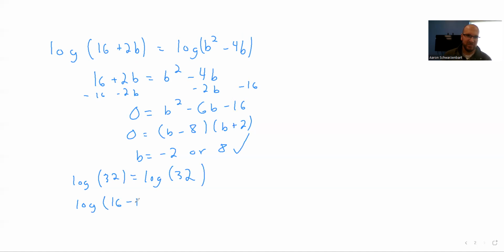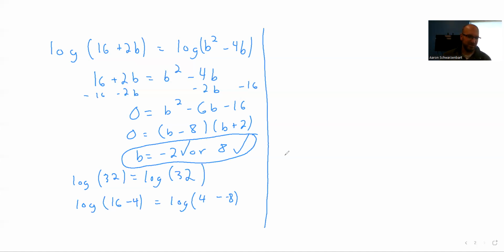For negative 2, 16 minus 4 is 12, that will work. Negative 2 squared is 4, minus 4 times negative 2, which is negative 8, that's also 12, a positive number, so negative 2 checks out as well. And both of these are my solutions. Remember, when you solve logarithmic equations, you must check them.